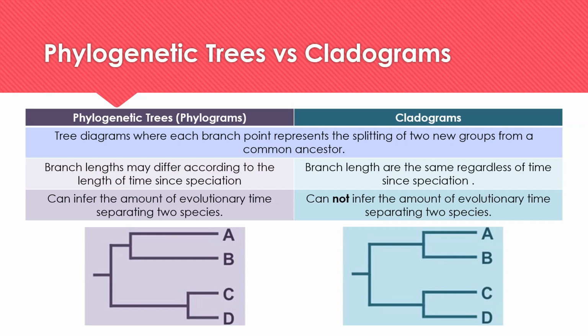Cladograms, on the other hand, because they don't care about the length of those branches and they're not anything to do with how much time has passed since speciation, you can't infer the amount of evolutionary time that separates two species from a cladogram. But they are representing the splitting of all those different common ancestors into the new modern groups. They are representing the same information, just phylogenetic trees will be able to have time since divergence inferred from them, and cladograms will not.